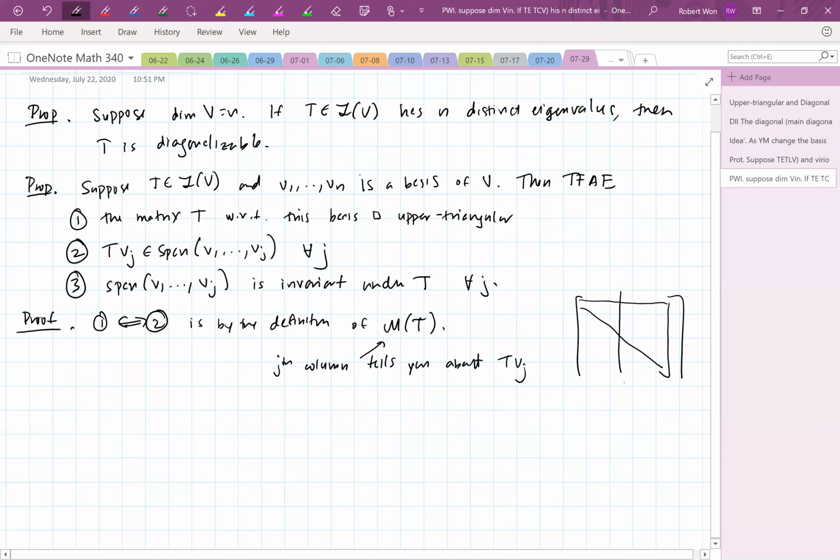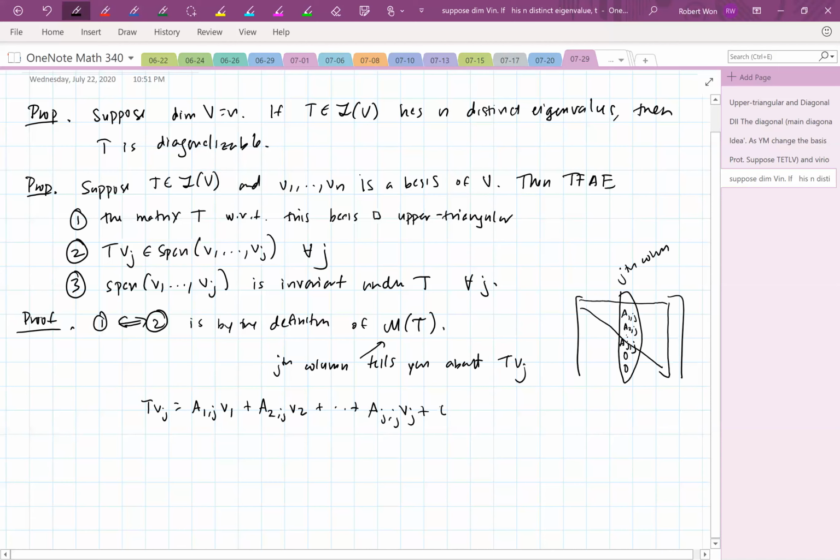If you look at the jth column, you have a bunch of entries, and then below the diagonal, zeros. I can be specific. This is A1j, A2j, down to Ajj. So this jth column tells you that T of Vj equals A1j V1 plus A2j V2 up to Ajj Vj.